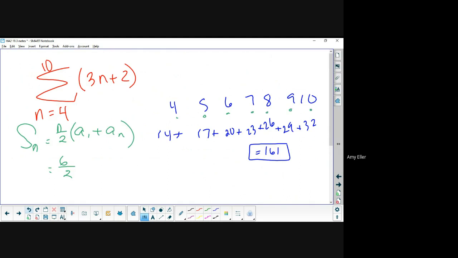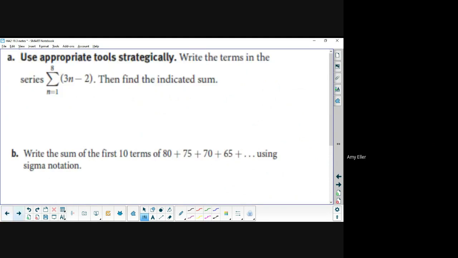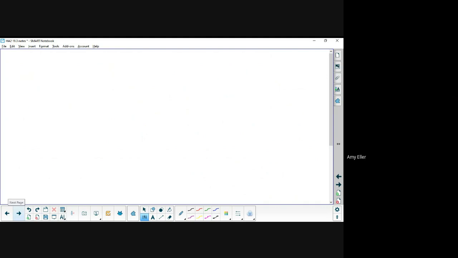There's 7 terms. The reason there's 7 is because you're including 4 and you're including 10, which makes 7. So you could always subtract 10 minus 4, but then add 1. That also works for these. If I subtract 8 minus 1, I get 7, and add 1 more, I get 8. It happens to be the top number if we're going from 1. Does that make sense so far?